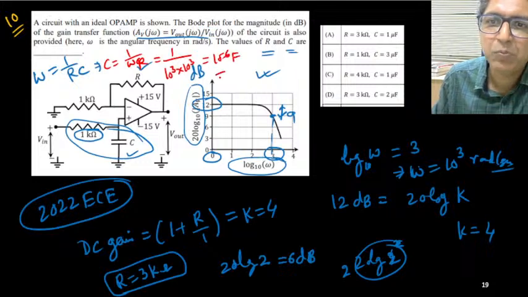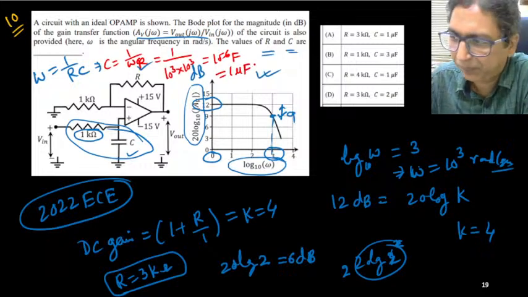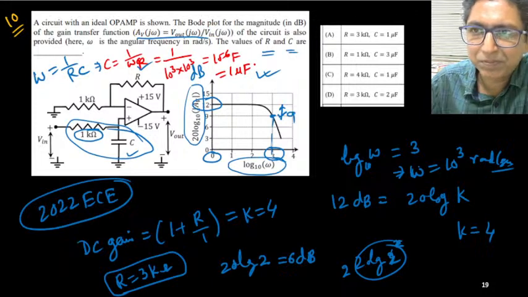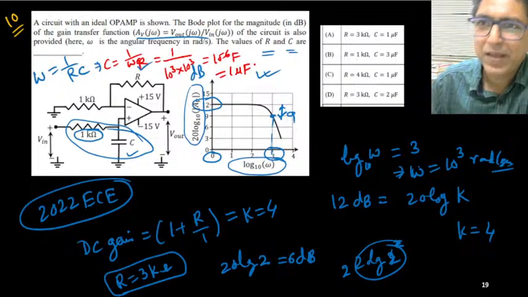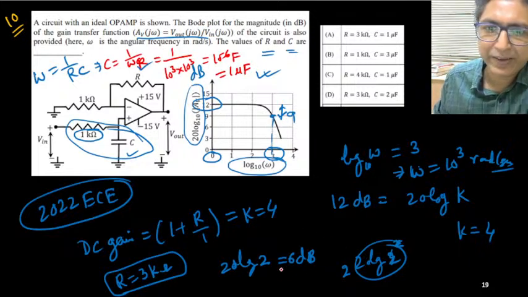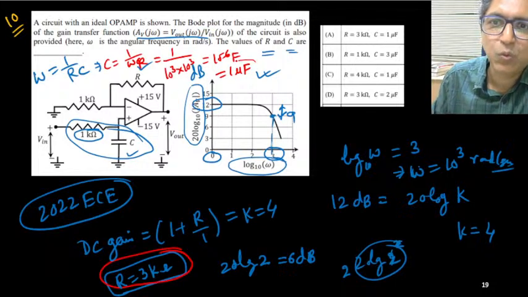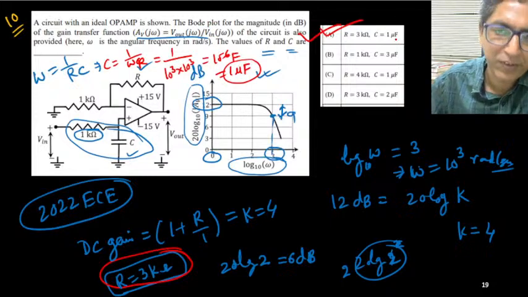That much farad means 1 microfarad. Am I correct? That's simple. Is it fine? Okay, so what is the answer? So we are getting R equals 3K and capacitor equals 1 microfarad. So answer A is the correct one, 3 kilo ohms and 1 microfarad.